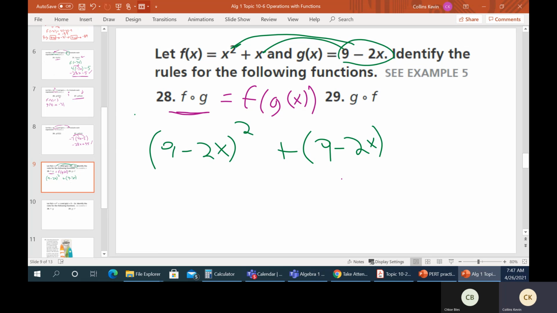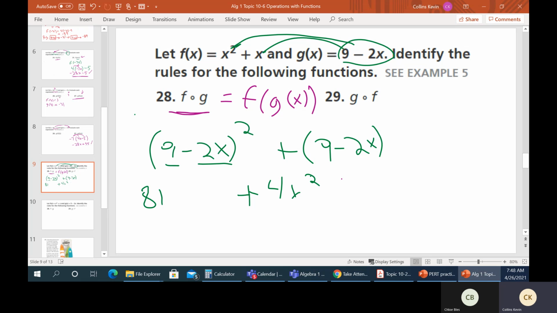So here's the thing. Remember, this is the hack for when you're squaring something. You square the first number. So 9 times 9, that's going to be 81. Right? You square the second term. Minus 2x and minus 2x. Minus 2 times minus 2 is going to be plus 4, and then it's going to be x squared.